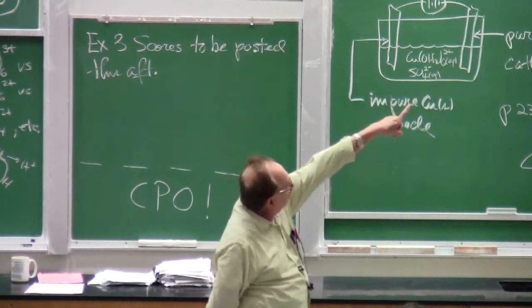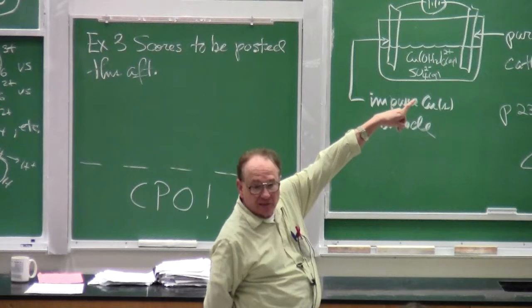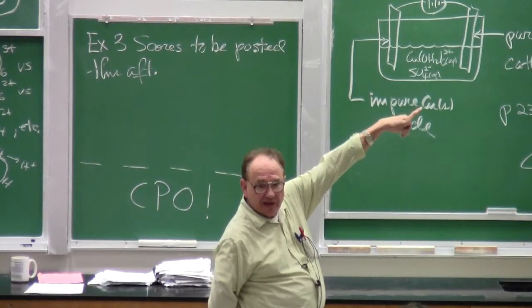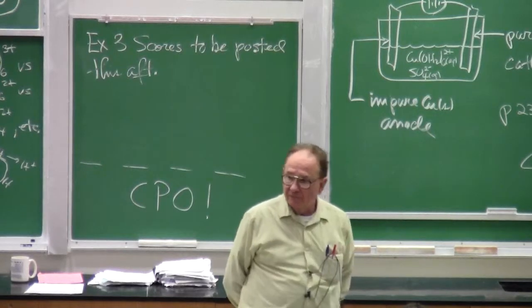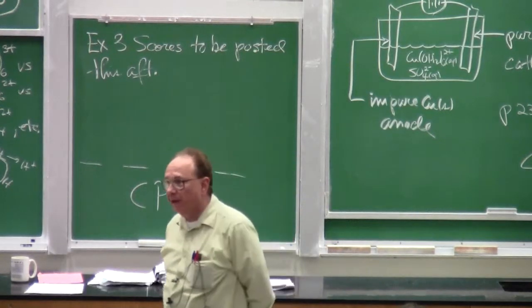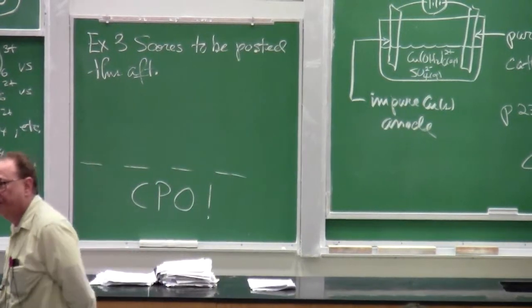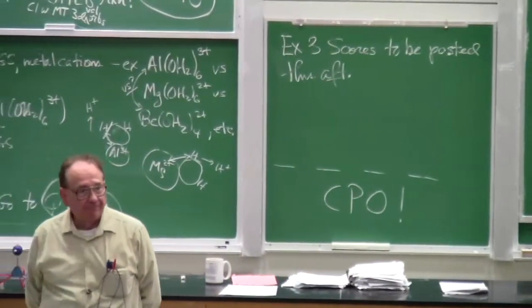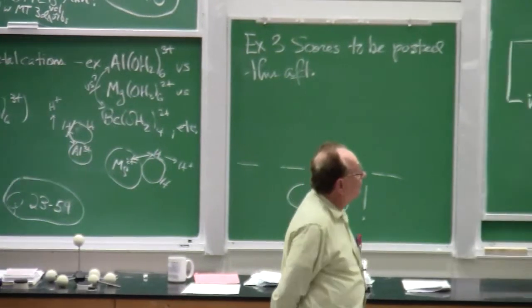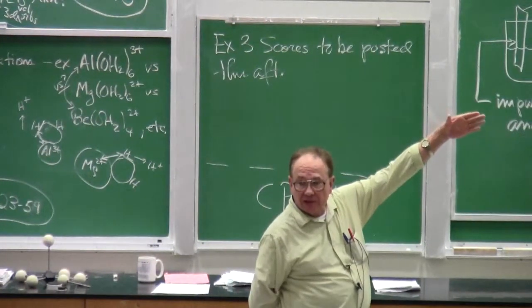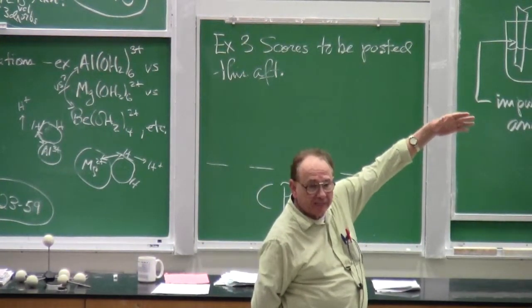Well, let's start with the iron atom. 26 electrons. If I want to make iron+3, I've got to take away 3 of these electrons. What electrons are remaining that are part of the valence structure? Well, let's start with the whole configuration. Argon, which accounts for 18 electrons right off the bat.